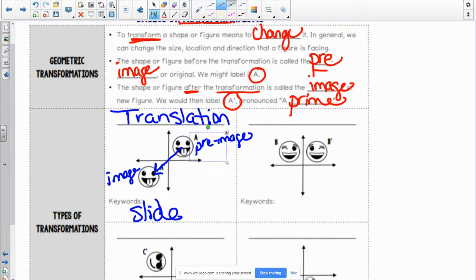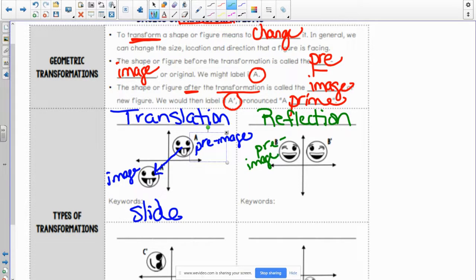Another type of transformation is called reflection. This is probably one of the ones that you're most familiar with. You look at your reflection all the time in the mirror. If we notice, this is B, so this is our pre-image.